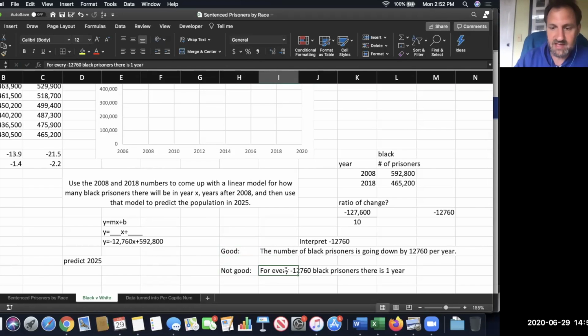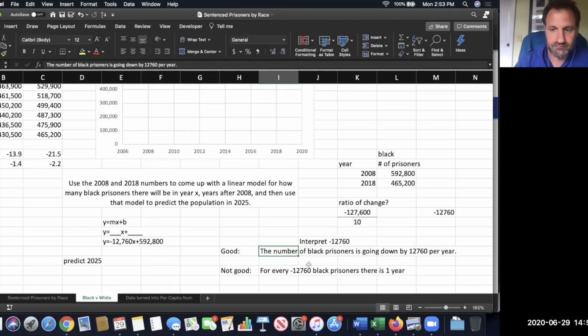To make the shift to a sentence that recognizes that we're talking about change, you just need to get the idea of change into it. You can still say for every 1 year, but you need to talk about how the number is going down or going up, as the case may be.